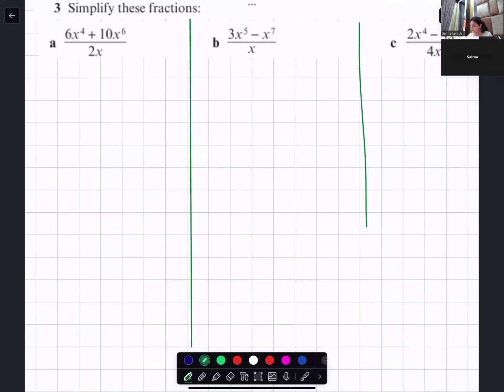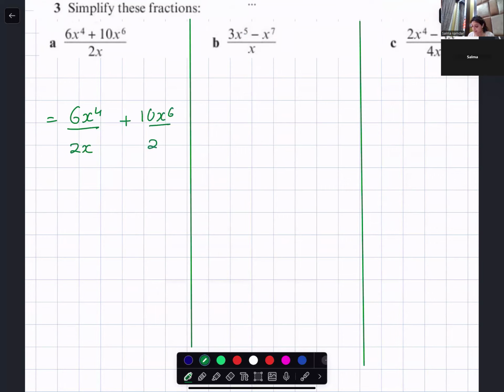You know you have to give the denominator to both the things. So it becomes 6x4 over 2x plus 10x6 over 2x. Constants should be dealt separately. Variables should be dealt separately. So this is 2 1s and 2 3s. This is 2 1s and 2 5s. So it becomes 3x raised to 4 minus 1.